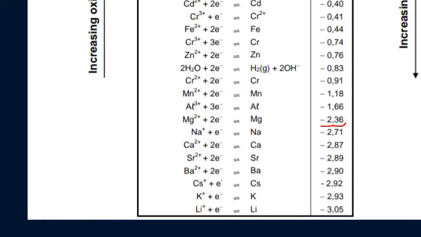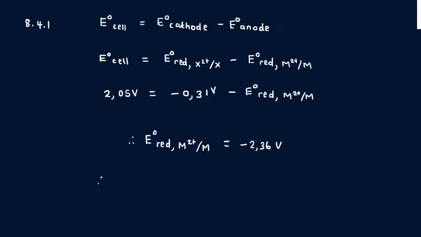Negative 2.36 gives us that metal M is magnesium. So our anode is a magnesium anode, and it becomes oxidized, and then you get magnesium 2+ ions in solution. So we write over here, therefore, metal M is magnesium.